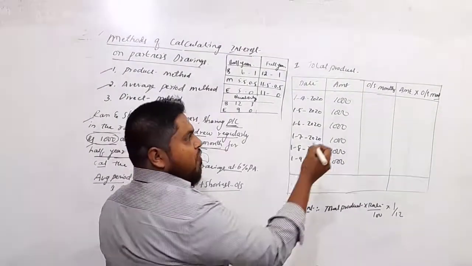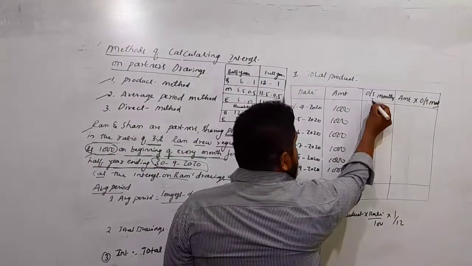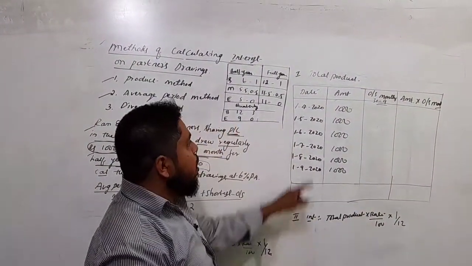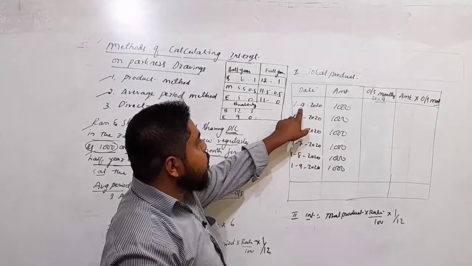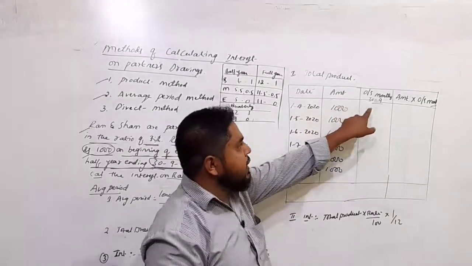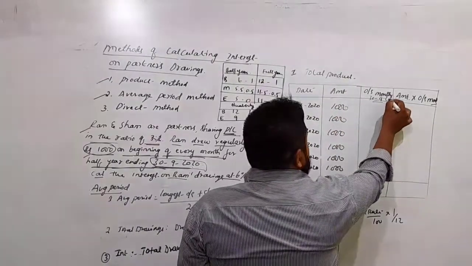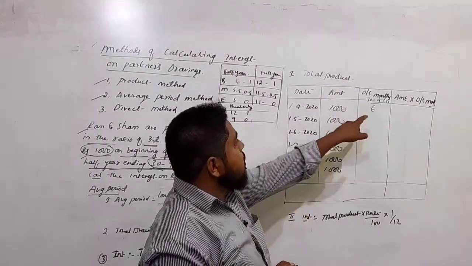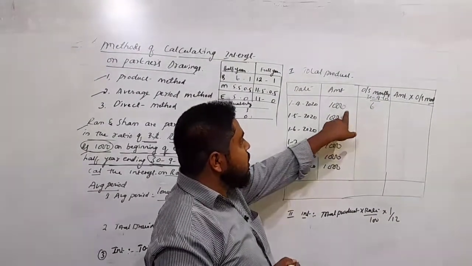Now the outstanding months. This is a half year, so outstanding months we have to calculate up to 30th September. Outstanding months from 1/4/2020 to 30th/9/2020 you will get 6. It means for 6 months he has used ₹1000.